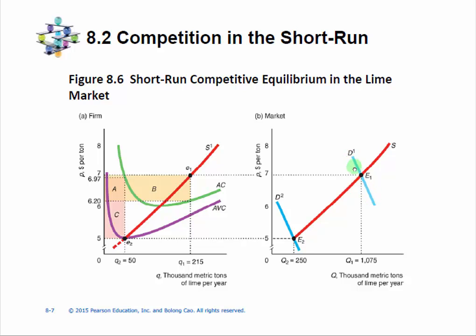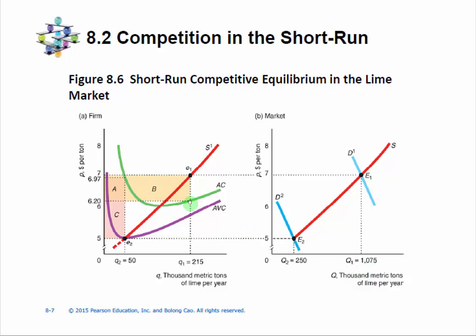This is a relatively high demand, and given this D1 demand and the market supply curve, we have a market price of $7 per unit. At $7, one firm will produce 215 units. And there are 5 firms, so the total market output is 1,075 units.